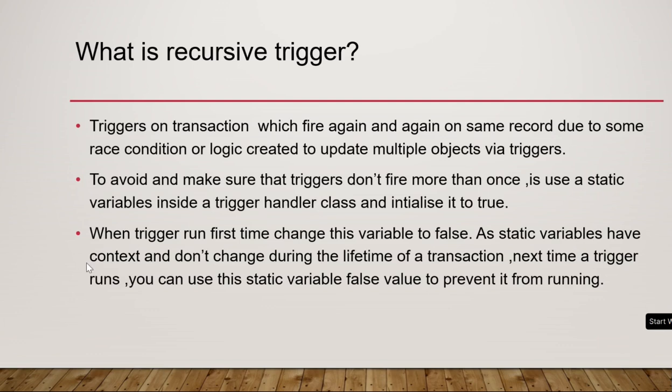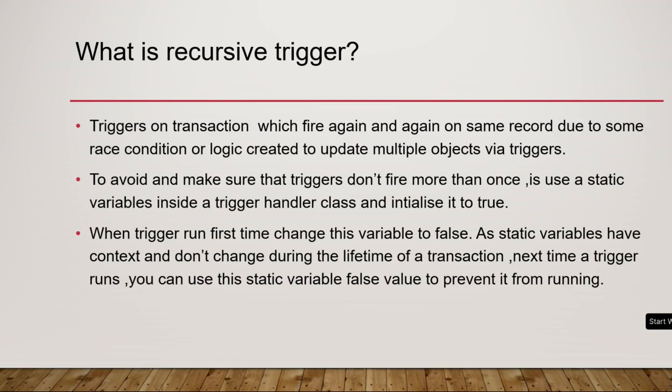What you do is create a static variable in a trigger handler class and initialize it to true. Once your trigger runs, you can change the value of the static variable to false, because a static variable maintains its state throughout the transaction.